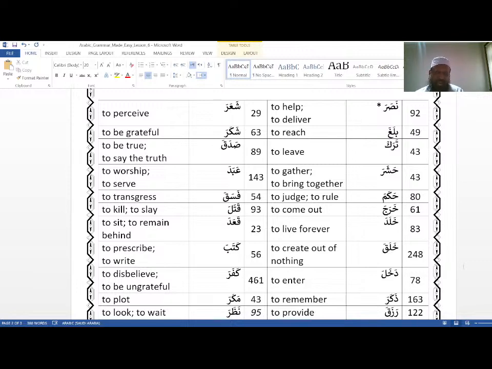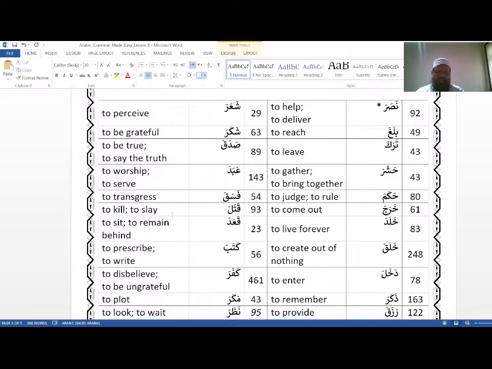Then dhakarta, dhakartuma, dhakartum, dhakarti, dhakartuma, dhakartunna, dhakartu, dhakarna. Dhakara means remember, so dhakarna, we remembered. We is the doer, the fa'il, which is na.